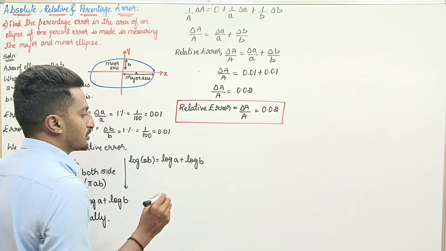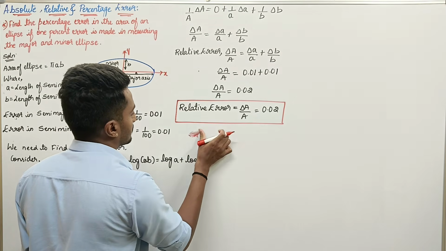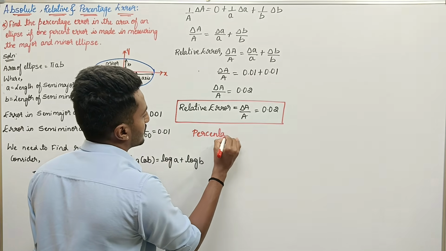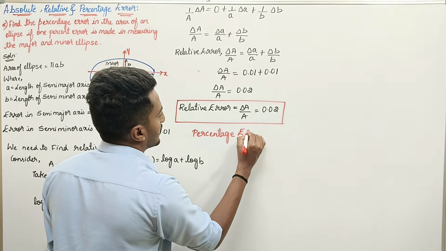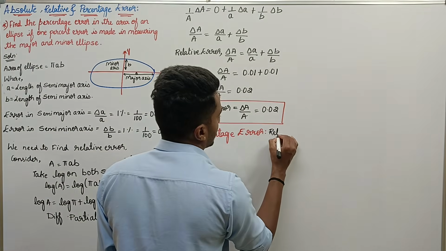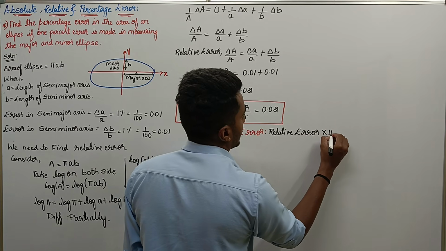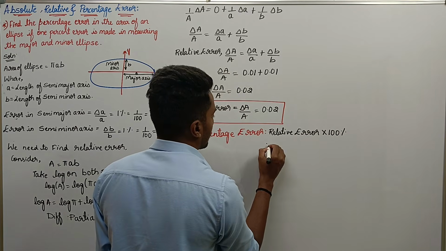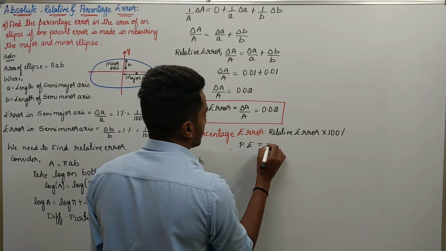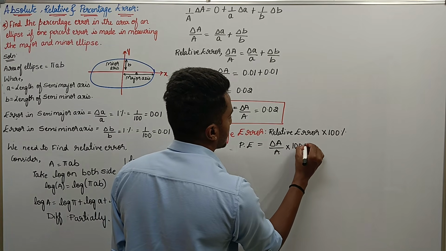Got the point? Now we are supposed to find the percentage error. Let us represent the percentage error. Percentage error is given by relative error into 100%. That is, percentage error is equal to del A by A into 100%.